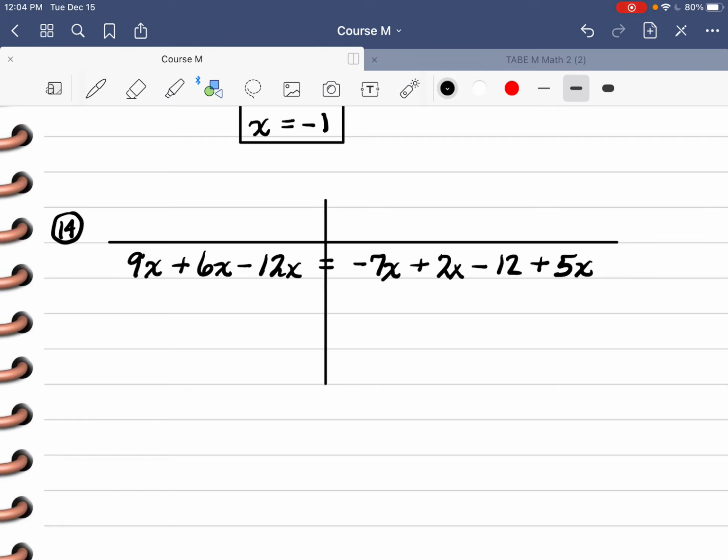Don't panic. There's only one constant in this mess, and that's right there. So I'm going to let this be the constant side, which means that all those variables need to gang up over here on this side.